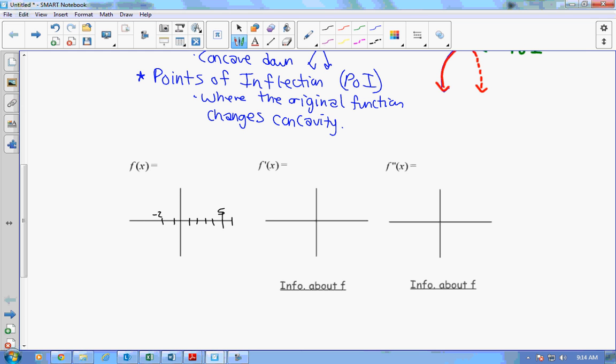You have an intersection at -2, an intersection at 0, and an intersection at 6. We have a minimum at -1 and a maximum at 3. For these purposes, I don't really care about the heights of the minimums and maximums. What could you tell me we would see on the derivative's graph?